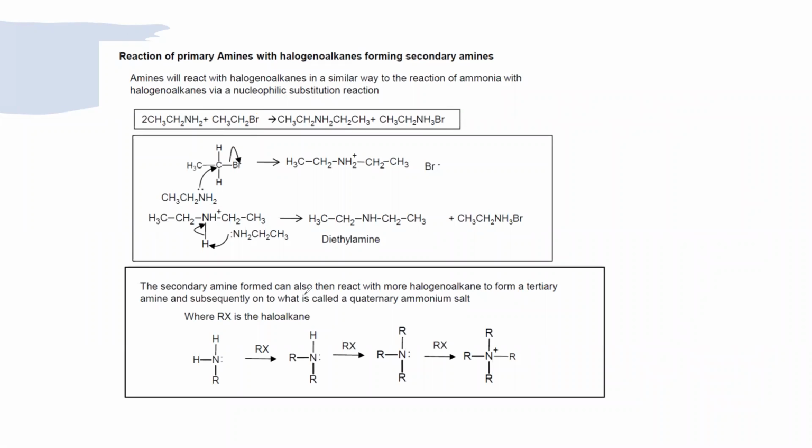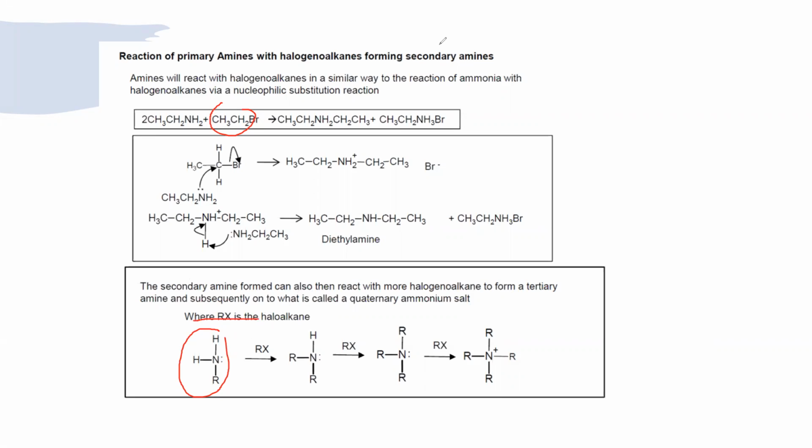The secondary amine formed can also react with more halogen alkane to form a tertiary amine, and subsequently four carbon chains are attached to nitrogen. We call that a quaternary ammonium salt. If we have a limited amount of halogen alkane and a limited amount of amine like ethylamine or methylamine, this will result in the formation of multiple substitution.